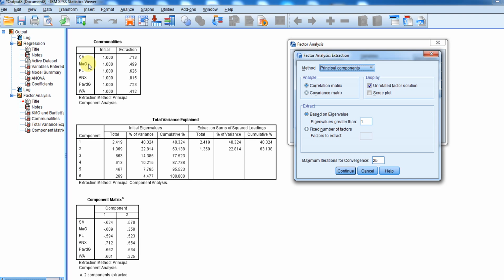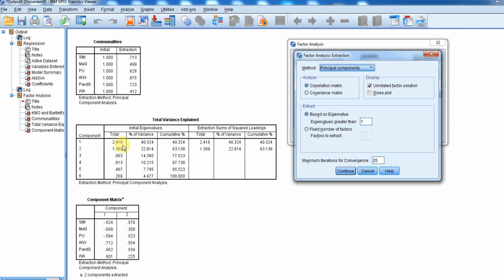And so in this first column right here, these are what are called eigenvalues. And these are basically indicators of the amount of variation that each component accounts for in the original set of measured variables. So we could say that component 1, the first component, accounts for about as much variation in the original set of measured variables as 2.4 of those measured variables.